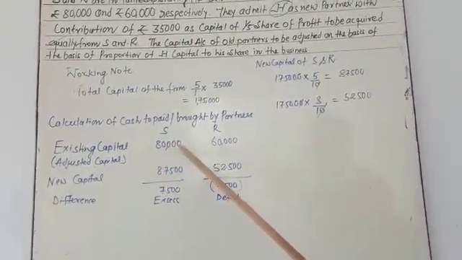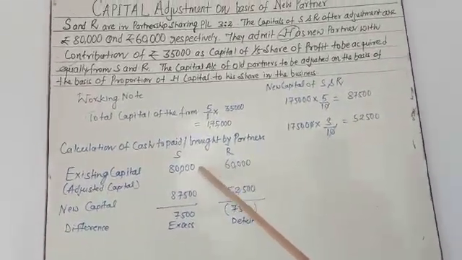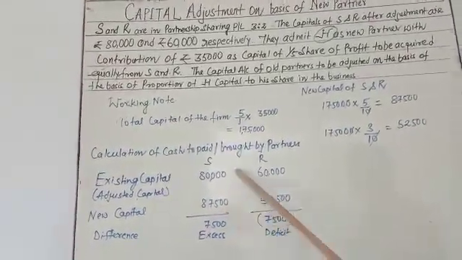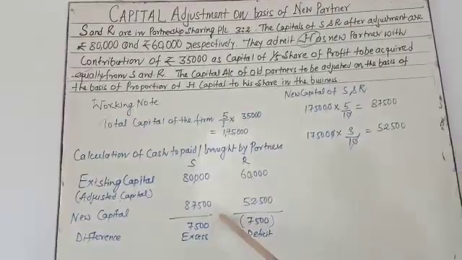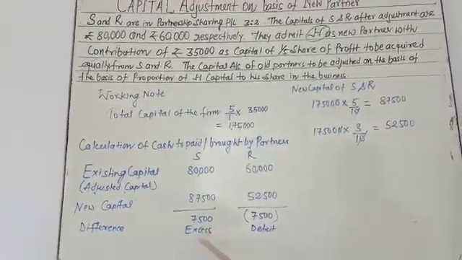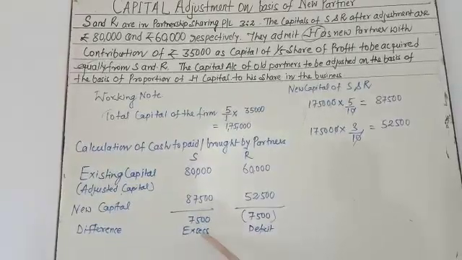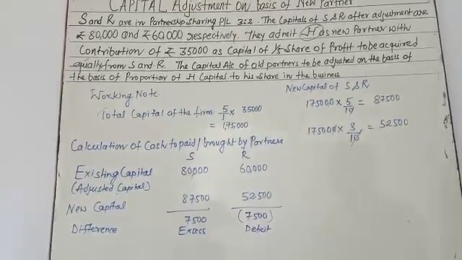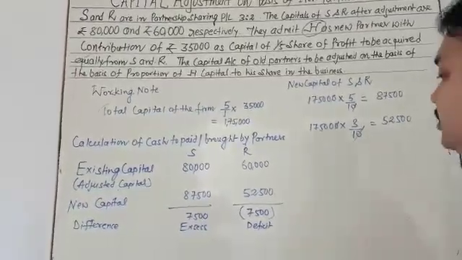Existing capital of S is 80,000. New capital of S is 87,500. In this situation, S has 7,500 excess capital. So S is going to withdraw. Okay, S is going to withdraw. So what is the withdrawal entry? Simple, my dear student.